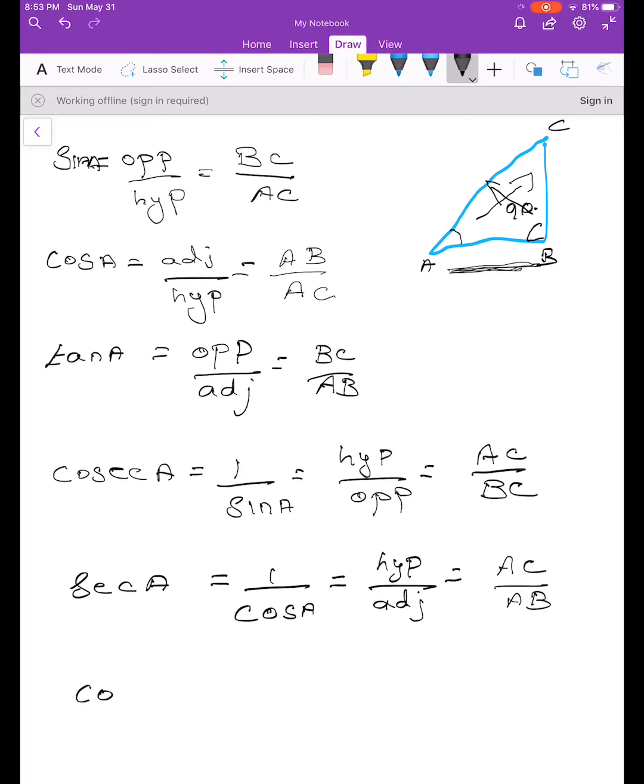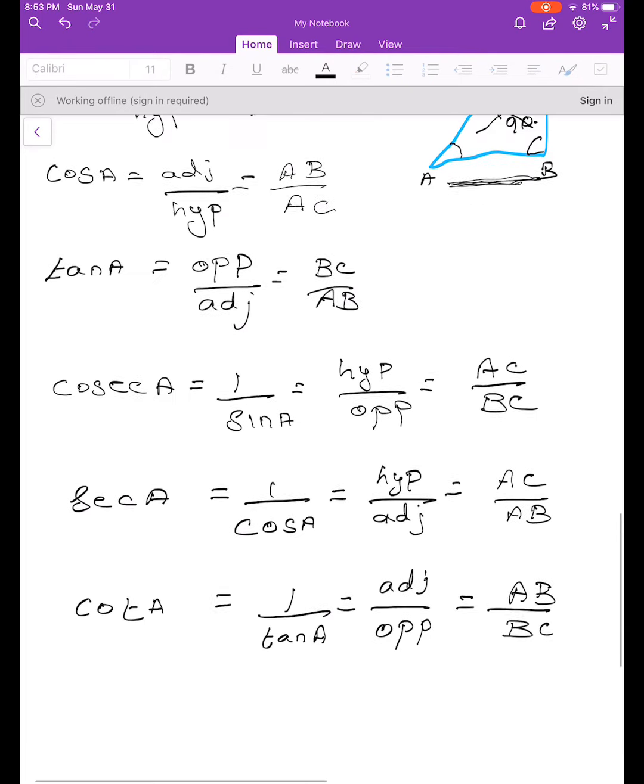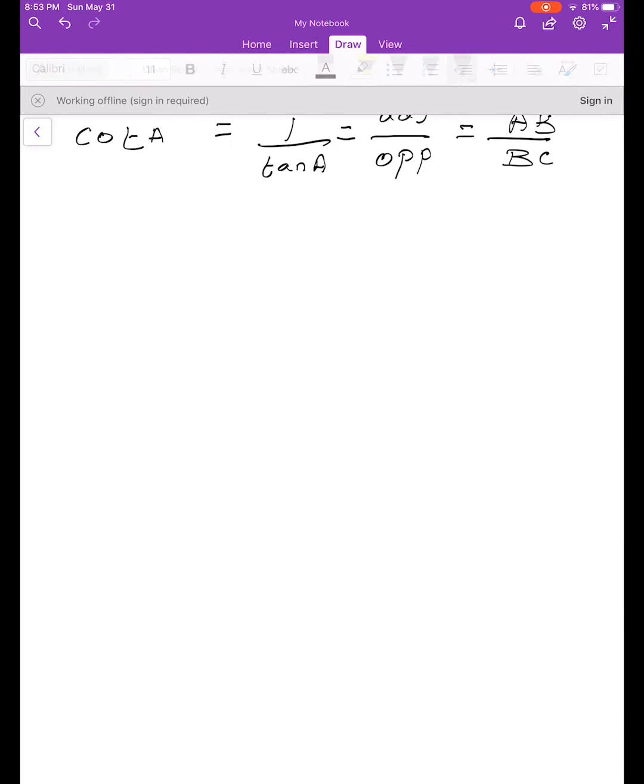And cot A, that is 1 by tan A, adjacent by opposite, that is our AB by BC. This is for angle A. Similarly, I can write for angle C.